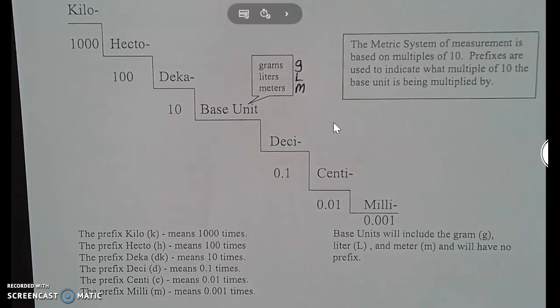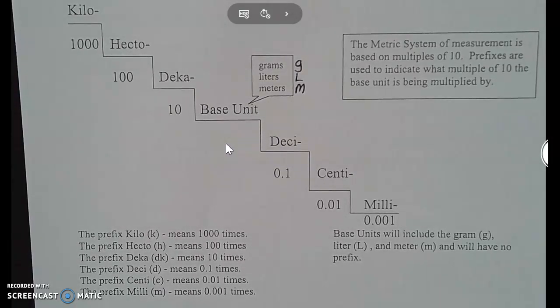So all you have to do is use the staircase to convert between any sort of units. So for instance, if I want to go from grams to kilograms, I can use this staircase to do that. Okay? Now, let's look at some examples so you understand how you use this.